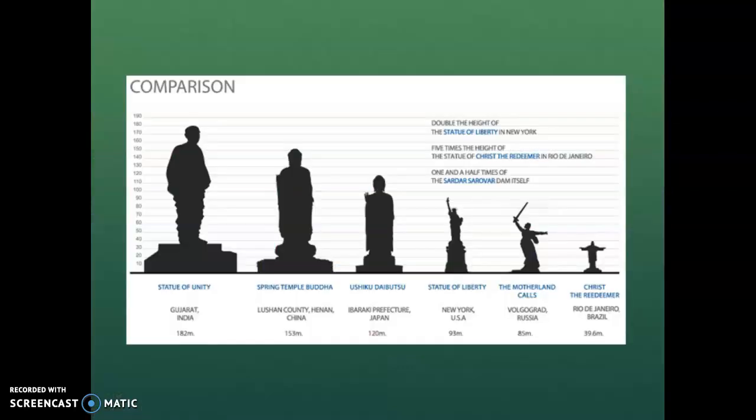If you want to do a comparison of size, which is kind of cool, the largest statue is the Statue of Unity in India, and it is double the height of the Statue of Liberty and 5 times that of Christ the Redeemer.